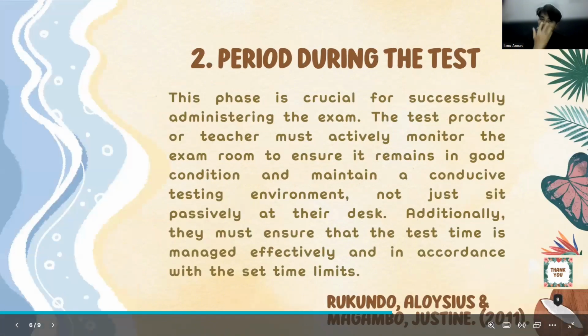Number two is the period during the test. In this phase, when the time has started, the test proctor or the teacher actively monitors the exam. They walk around the exam room to ensure good and conducive testing, not just sit at their desks doing nothing and staring at every student.